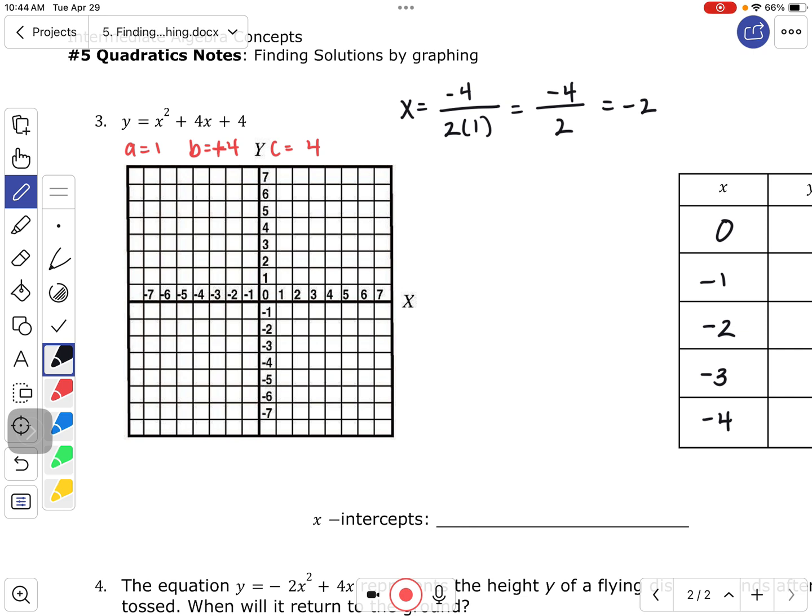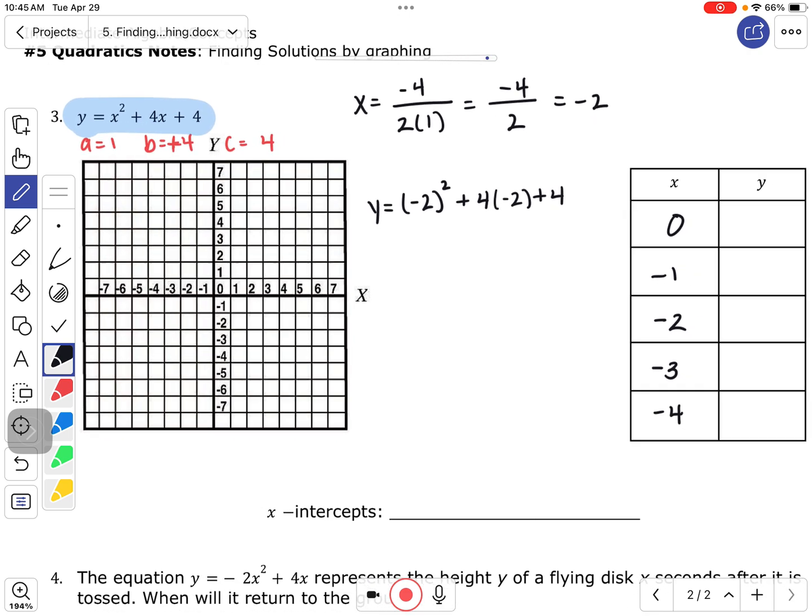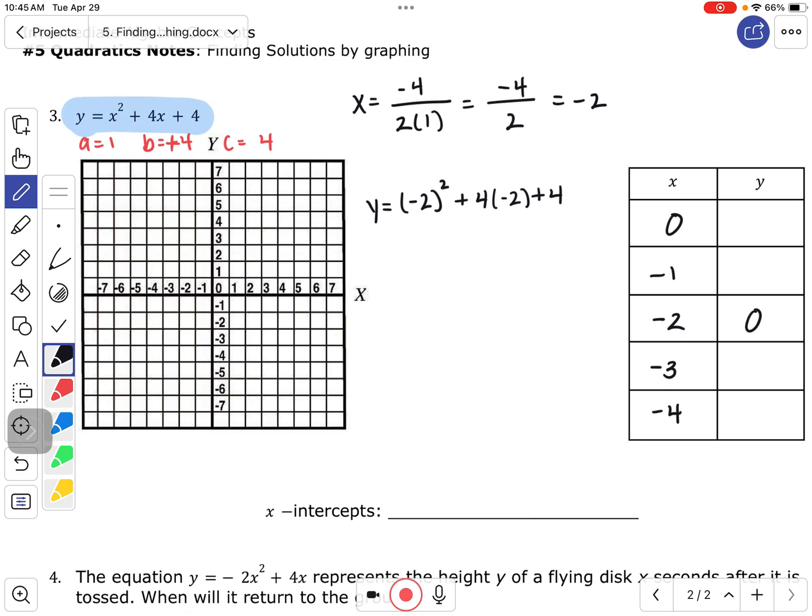Okay, now I'm going to go ahead and use those x's, and I'm going to put them in right here in my y's. So I'm going to say y equals, I'm going to start with my -2: (-2) squared plus 4 times (-2) plus 4. If I put all that in, I'm getting a 0. Now I'm going to try that -3, so y equals (-3) squared plus 4 times (-3) plus 4.